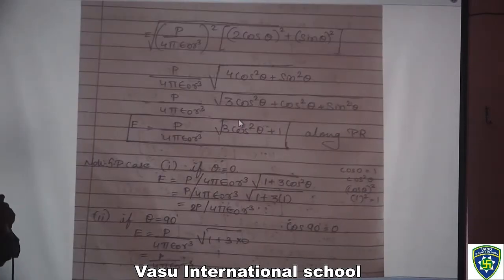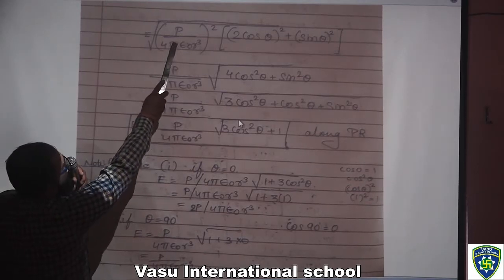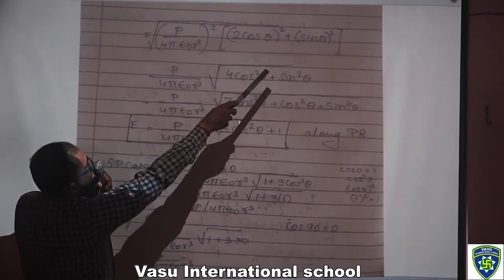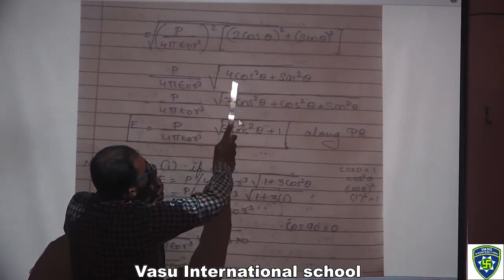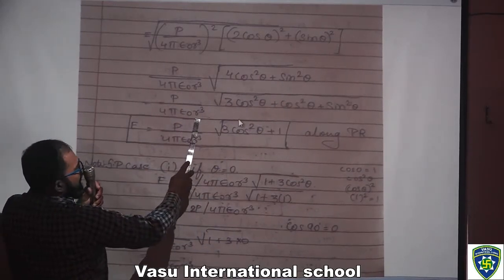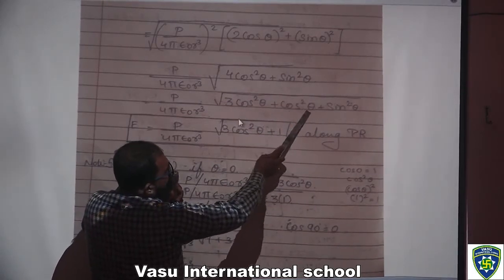After that we can resolve the equation. We can take the common factor, p upon 4 pi epsilon 0 r cube square, then 4 cos square theta plus sin square theta, which is 3 cos square theta plus cos square theta plus sin square theta.